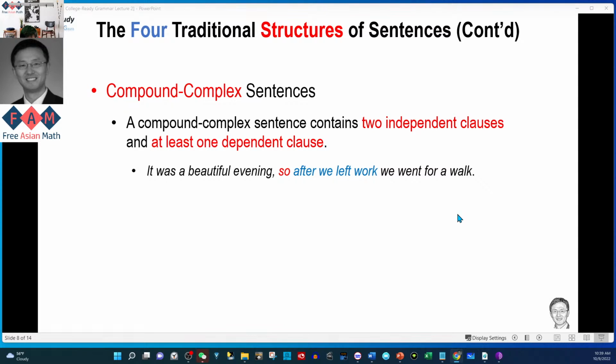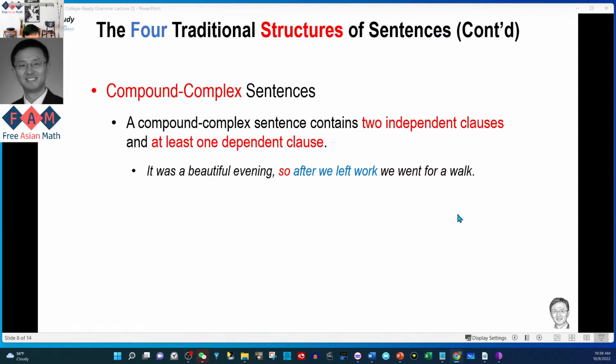Then the main clause, we went for a walk. So this is a type of complex sentence we just saw earlier. Now, in this overall sentence, the two are connected via this conjunction, "so," and the "so" is a coordinate conjunction. So this is a compound complex sentence.